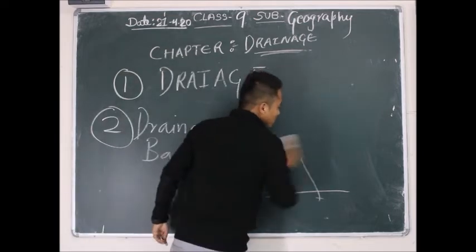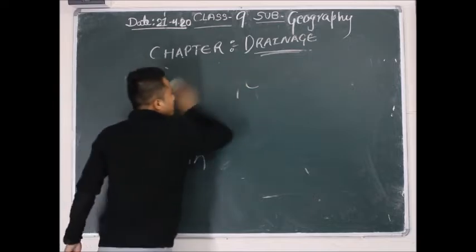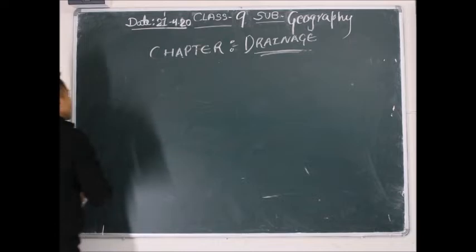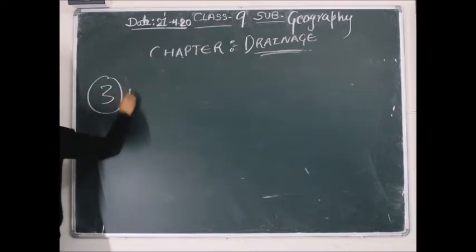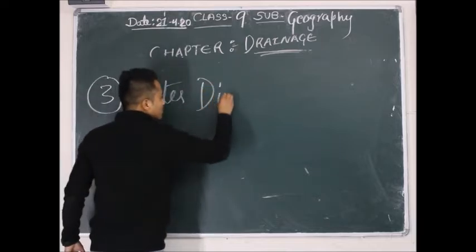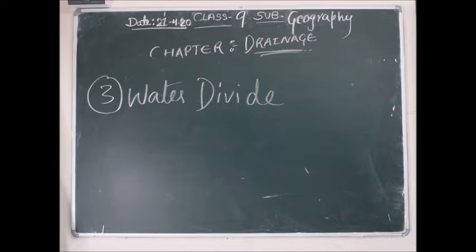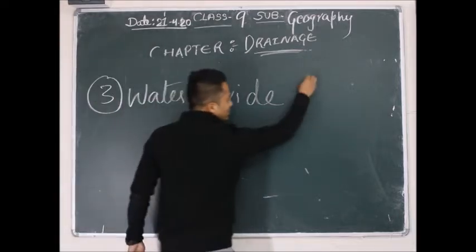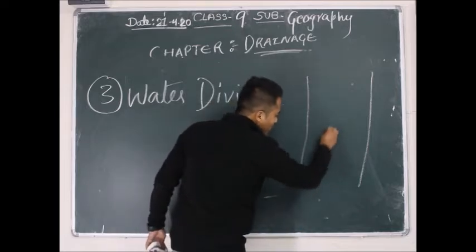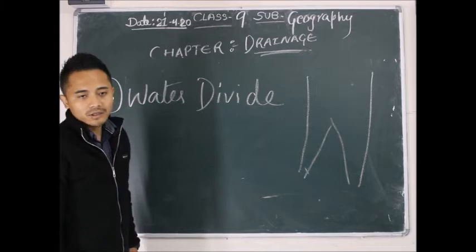Now let's come to another topic. Number 3, water divide. What do you mean by water divide? Let's consider this is a river, and when the river is flowing, there's a big mountain just in the middle of the river.